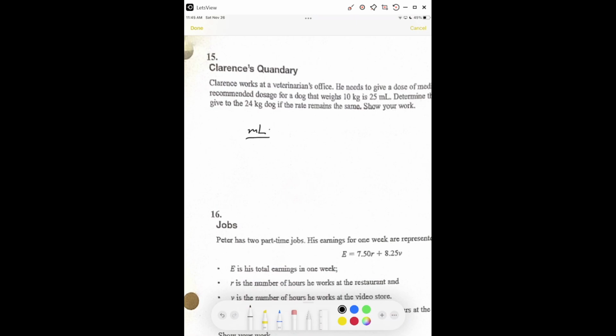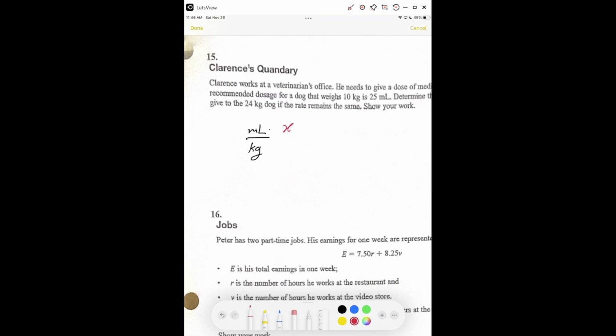or sorry, not our formula, our ratio. Well, right now we're writing our units, right? So we've got ml to kg. Now, what we want to find out is the dosage, the amount of milliliters of chemical needed. So let me write this in red so it's easier.